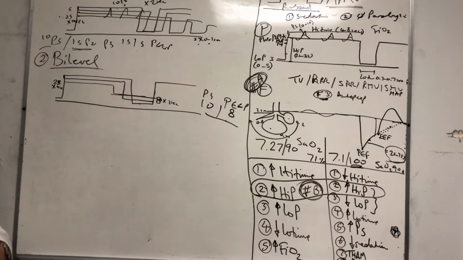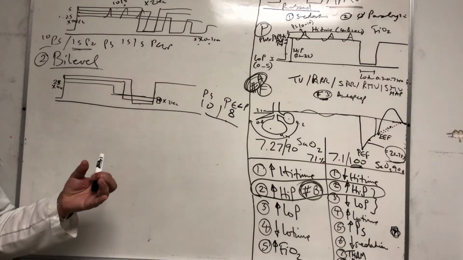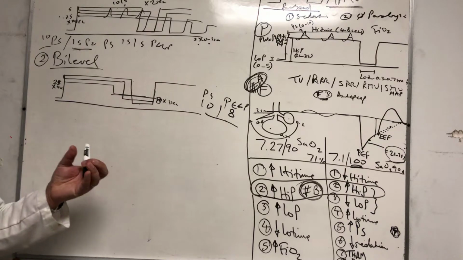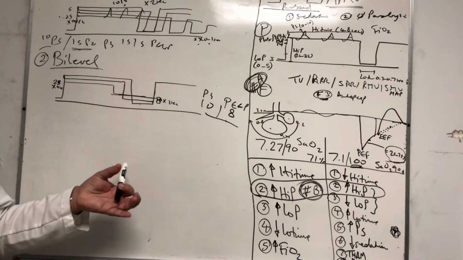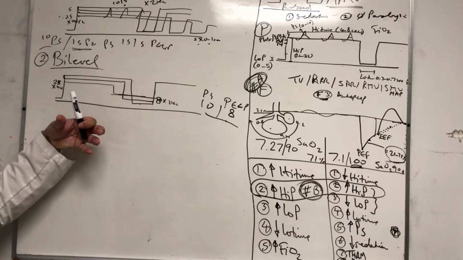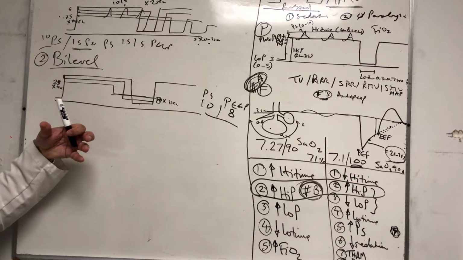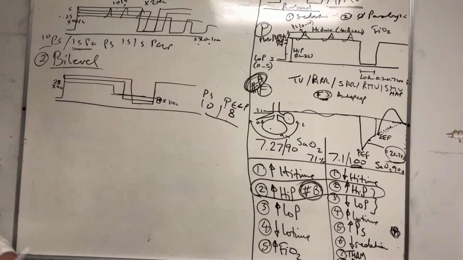Like shunt and dead space, for example. You know, shunt and dead space are both VQ mismatch, but they're completely different. It's actually the exact opposite of each other. It's just the two furthest points of the same spectrum, right?